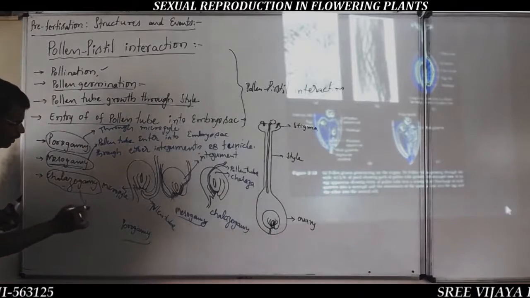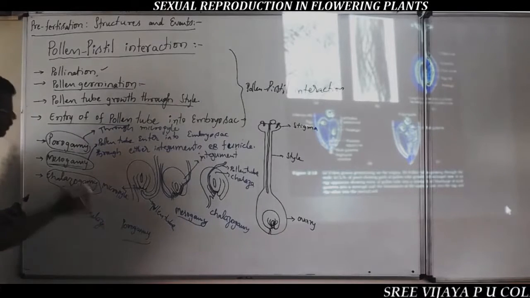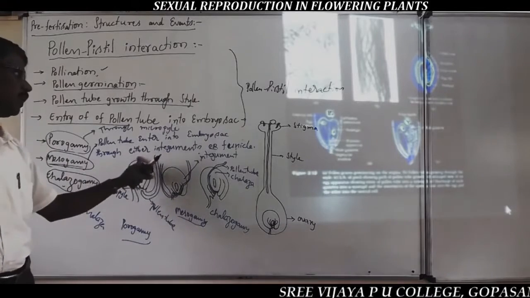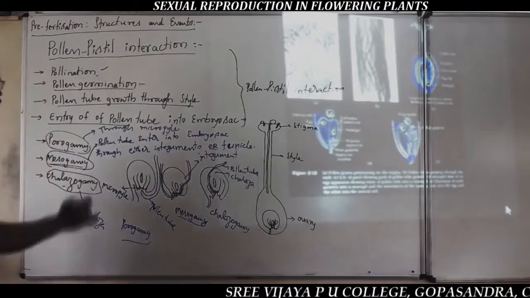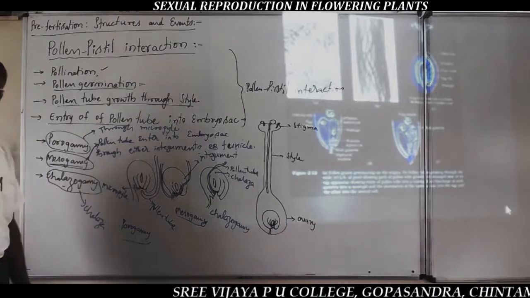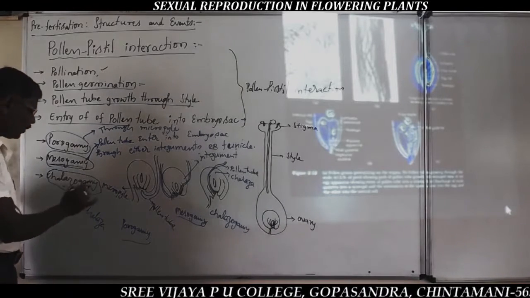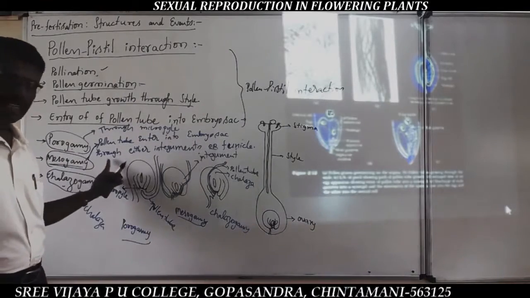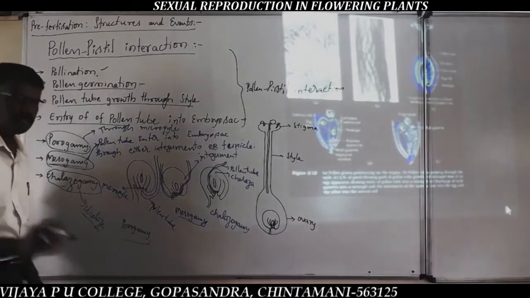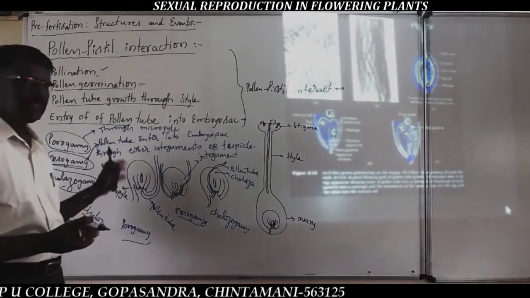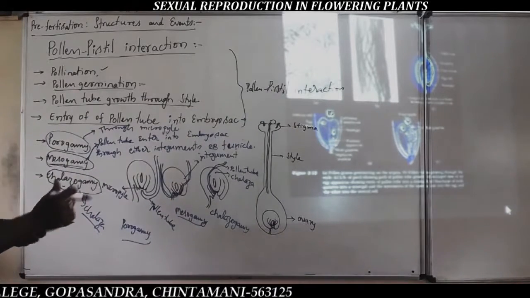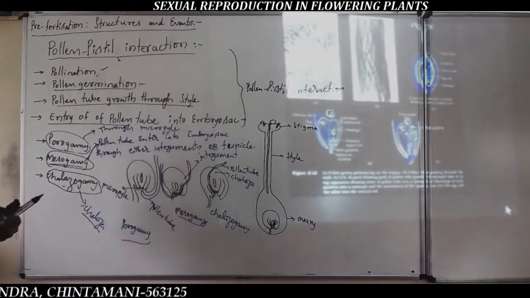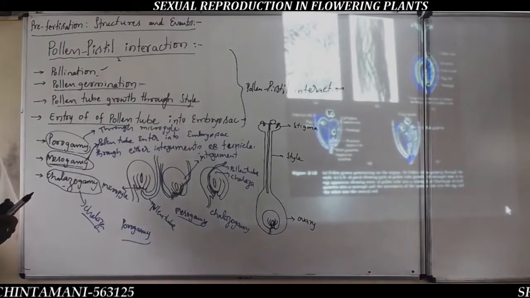Chalazogamy is through the chalaza. In mesogamy, the pollen tube enters the embryo sac through either the integument or the funicle. In chalazogamy, the pollen tube enters the embryo sac through the chalaza of the ovule. All these events are considered pollen-pistil interaction.